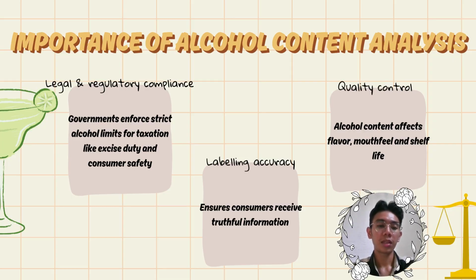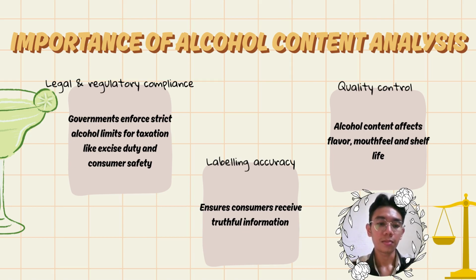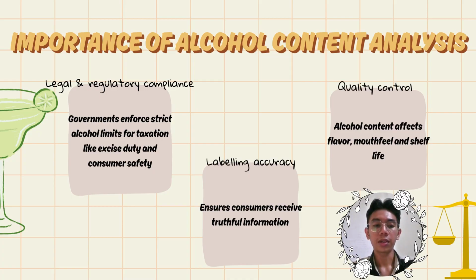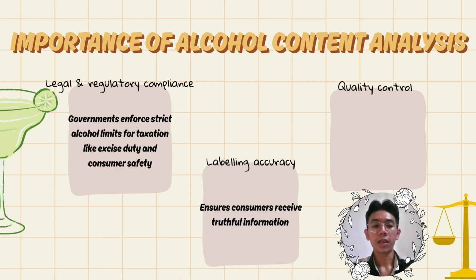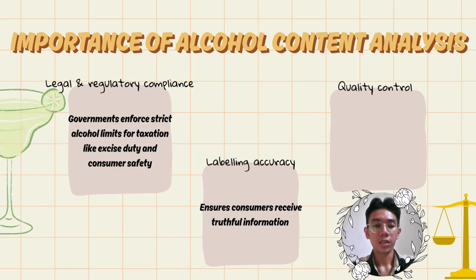Accurate alcohol measurement ensures beverages meet legal standards for taxation and labeling. For example, a beer labeled 5% ABV must match actual content to avoid fines. It also impacts flavor and shelf life, making it critical for producers.